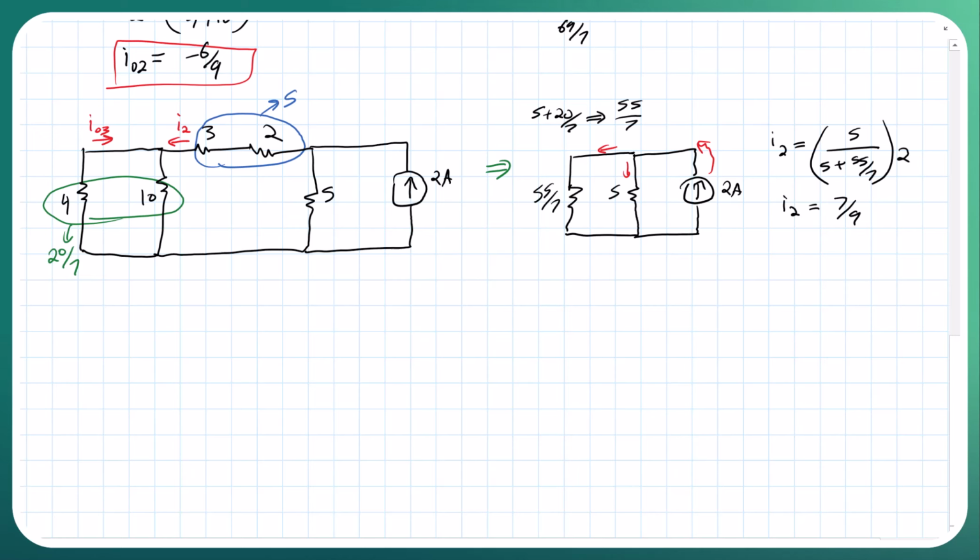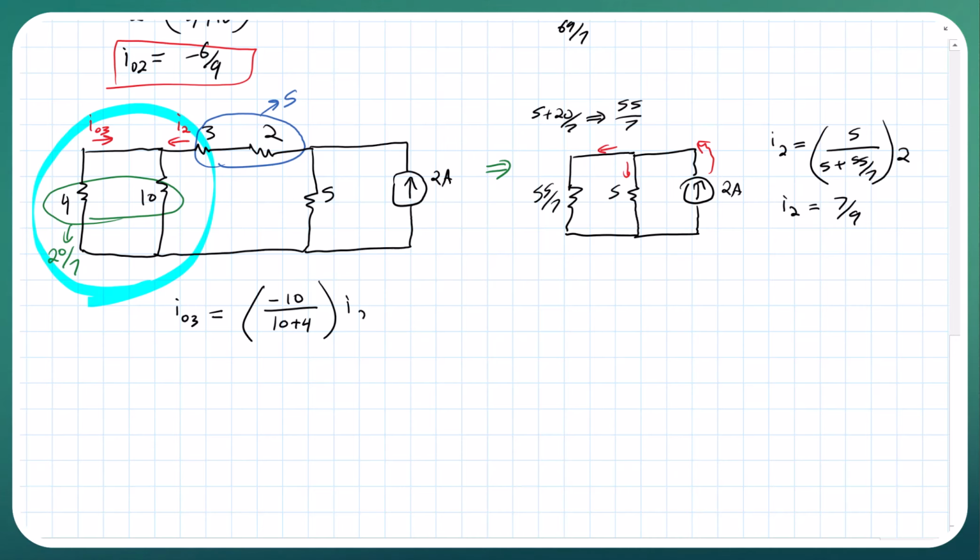Okay. And then we'll go back to this here, and then we'll solve for IO3, which is going to be minus 10 over 10 plus 4 times I2, just feeding in there, and that's going to give us minus 5 over 9.